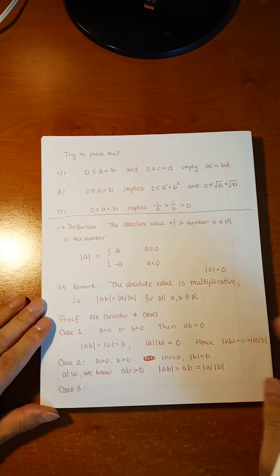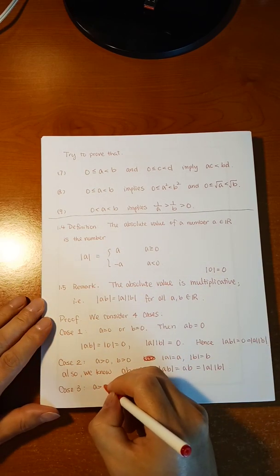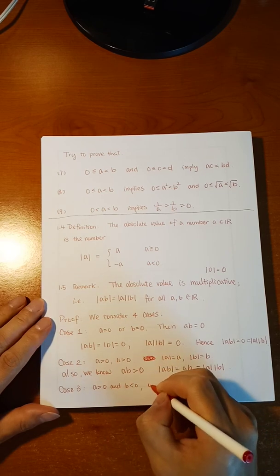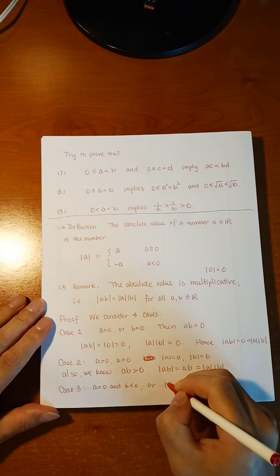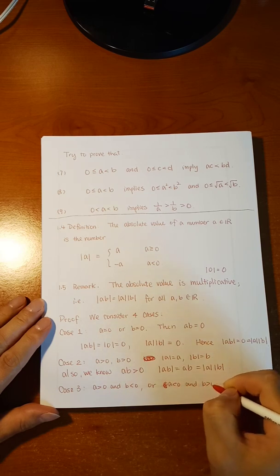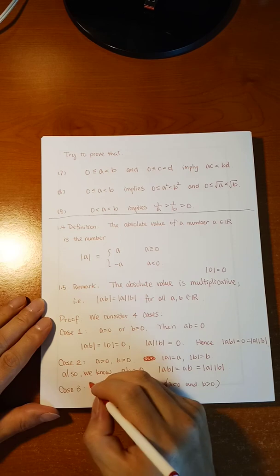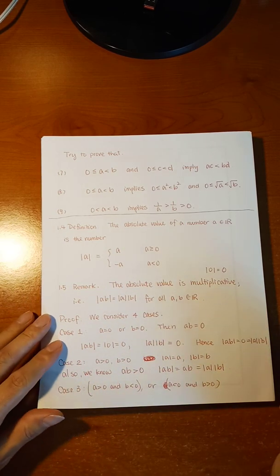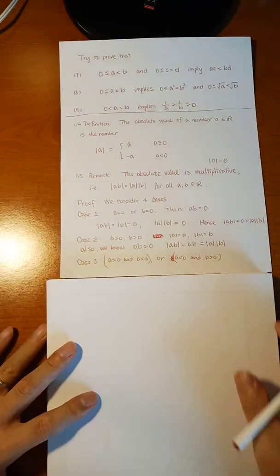So, case 3. a greater than 0 and b less than 0, or a less than 0 and b greater than 0. So those two situations are purely symmetric. So you can say the following. In the textbook, it says by symmetry.